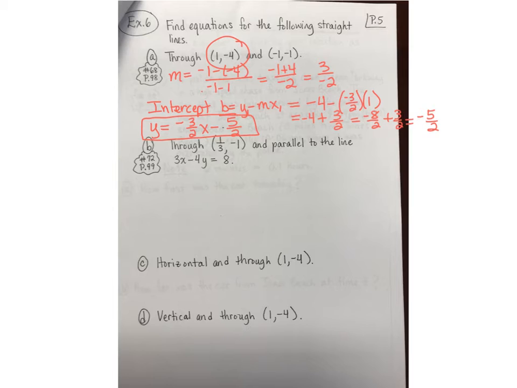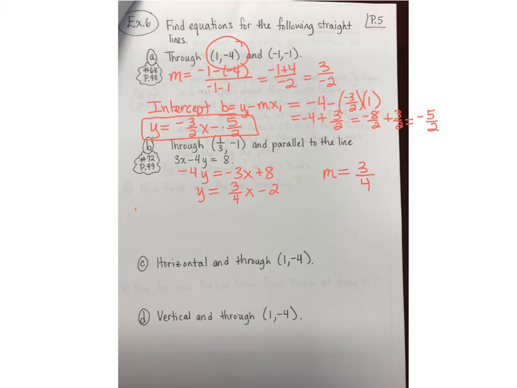So, solving for y, we get -4y equals -3x plus 8, or y, if we divide both sides by -4, we get y equals 3/4 x minus 2. So we know that our slope is equal to 3/4 because parallel lines have the same slope.